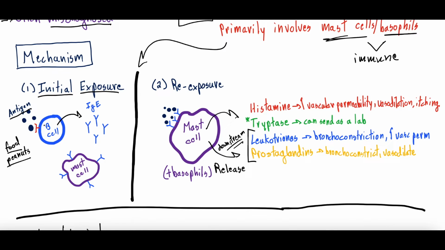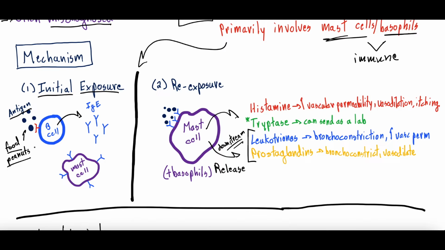The way that happens is your B cells are part of your adaptive immune system. The B cells produce antibodies, also known as immunoglobulins. Your B cells identify these peanut proteins that are floating around in your body, and they say, wait, we don't recognize that peanut protein, even though we're supposed to.